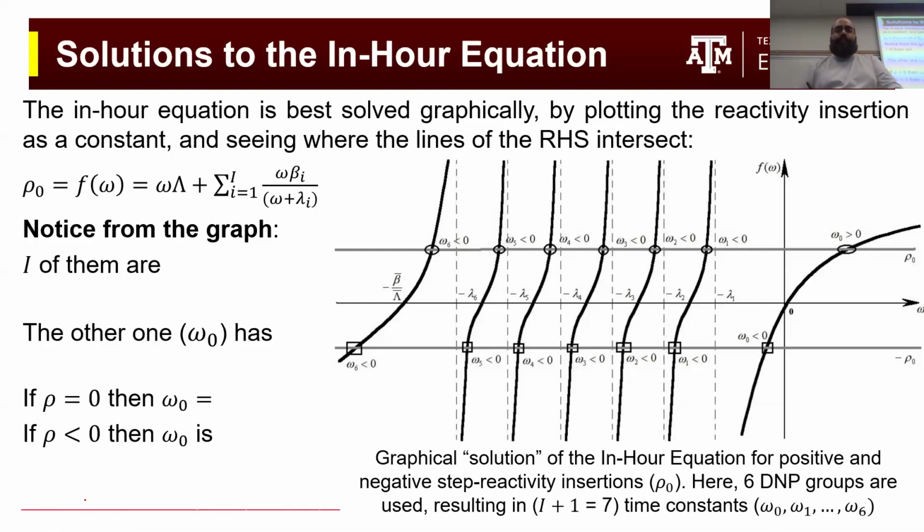And that horizontal line is going to correspond to the value of rho zero. So rho zero is just a constant on this graph. It's a graph of my inhour equation on the vertical axis, and omega on the horizontal axis. And that rho zero would be these horizontal lines.